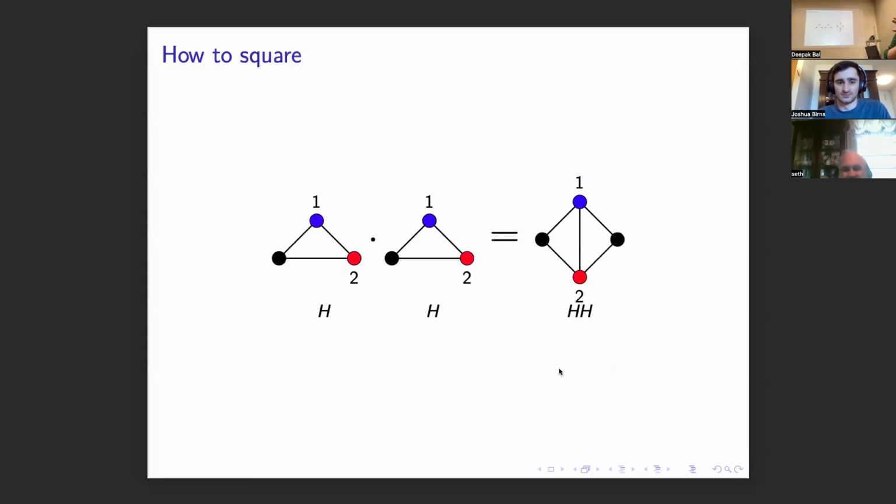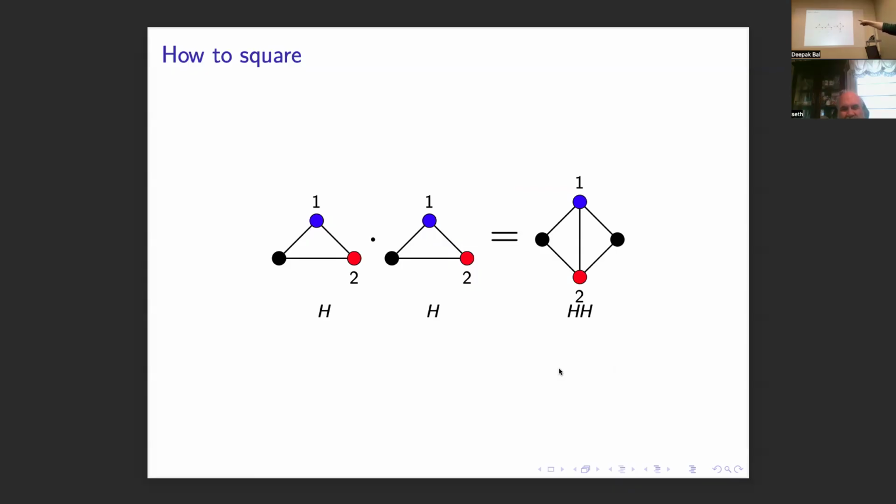All right, how to square. What you square is you multiply the same thing times itself. That's the whole deal. If I have a triangle with vertices 1 and 2 and I multiply it by its own self, then at the end I have two triangles that are glued together on an edge. Those two edges just kind of superimposed and became one. When I'm talking about a graph that's a square, what I mean is I can find two copies of some graph that, if I multiply them together, I'll get the thing I actually want.